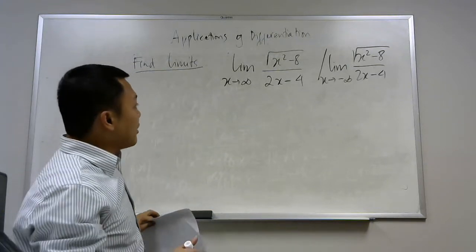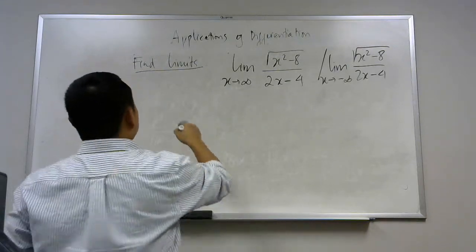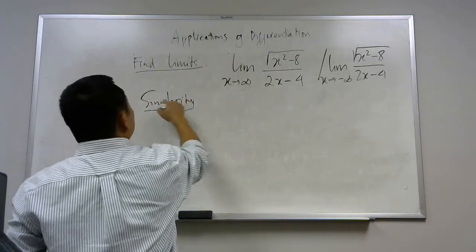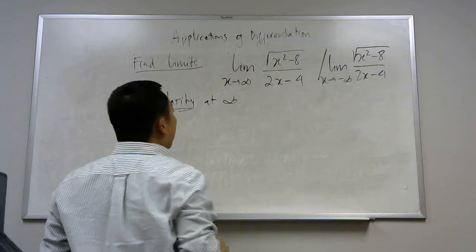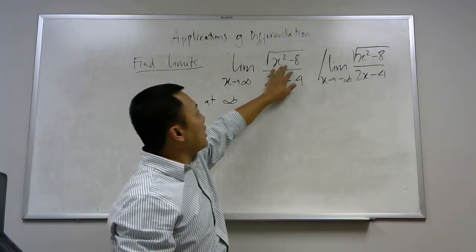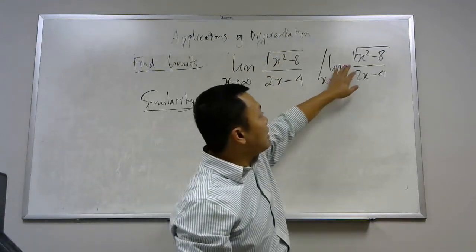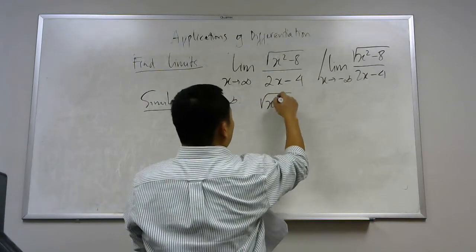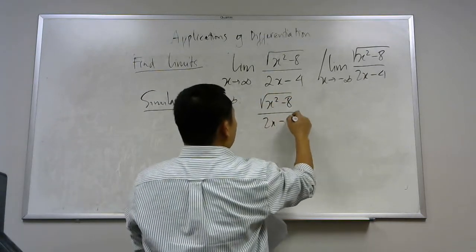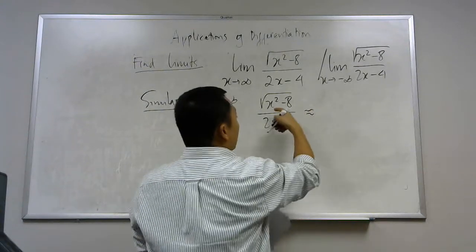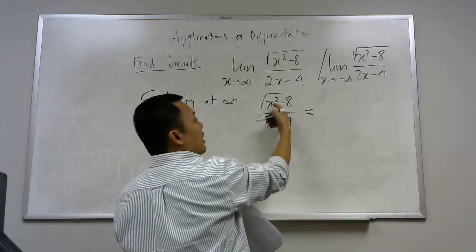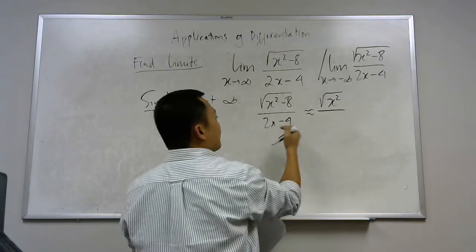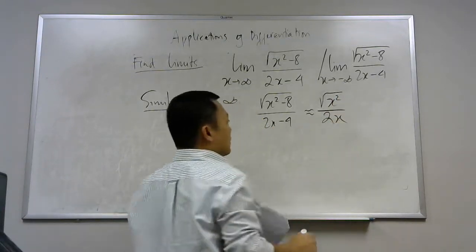Let me remind you about similarity. At infinity, you have a polynomial on top and a polynomial on the bottom. So at infinity, the square root of x squared minus 8 over 2x minus 4 is similar to, on the top, only the term with the highest degree, the square root of x squared, and on the bottom just 2x.